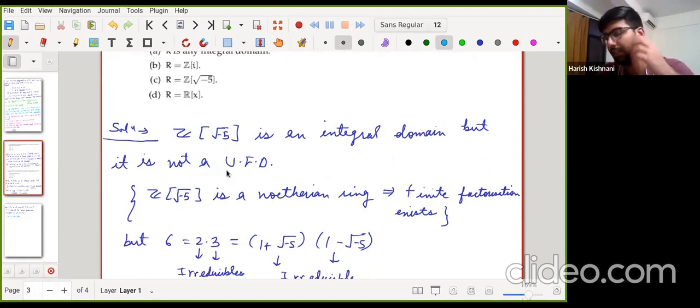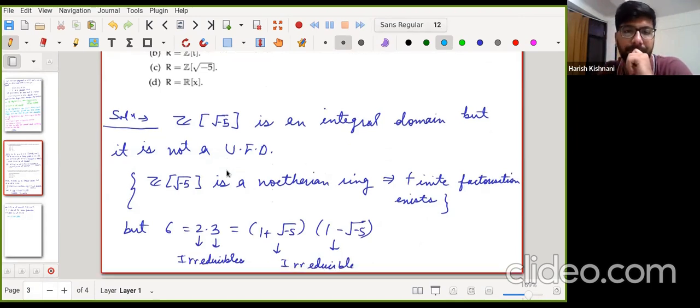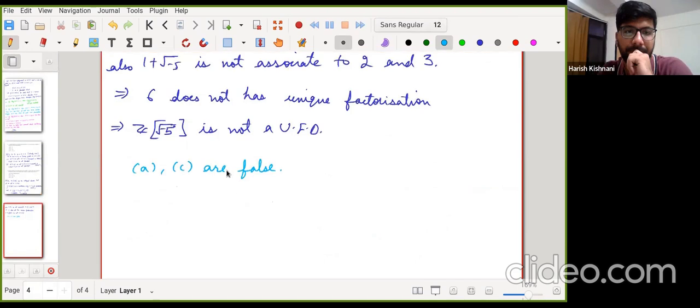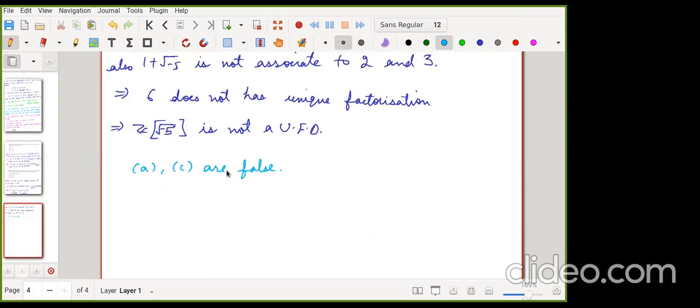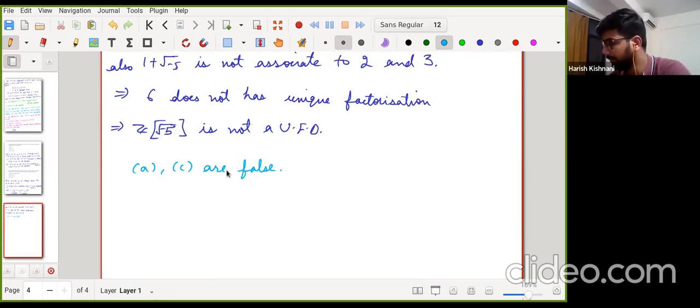And what about the B option? Ring of Gaussian integers? Z[i] is a UFD. What's the argument behind it?